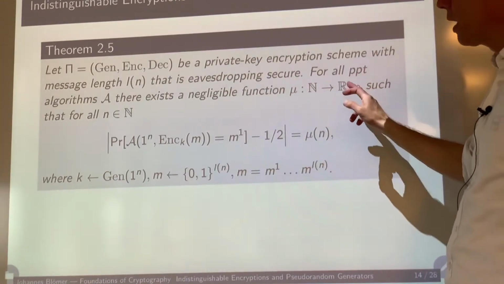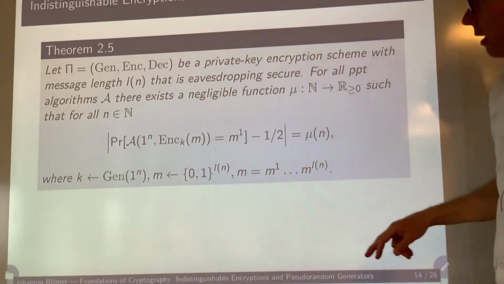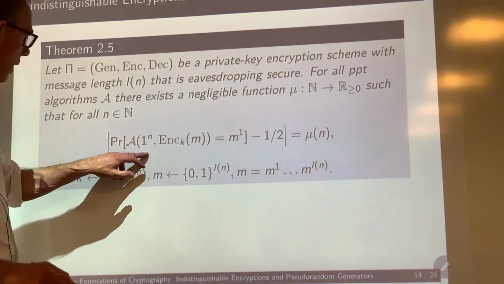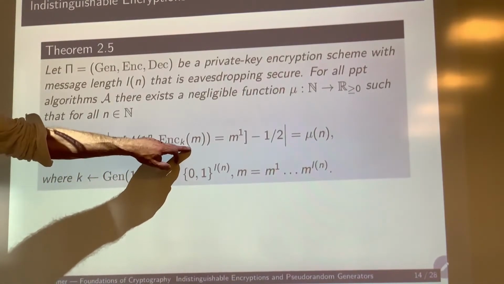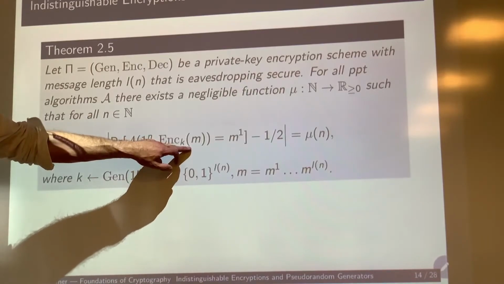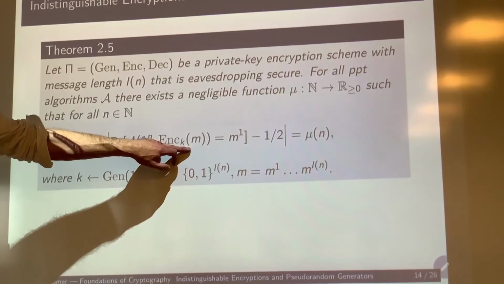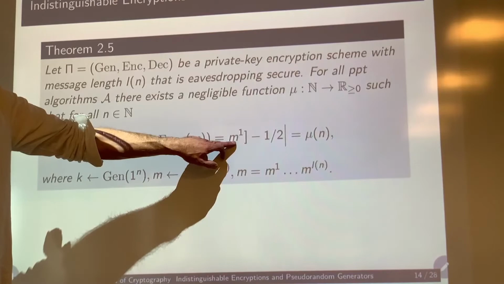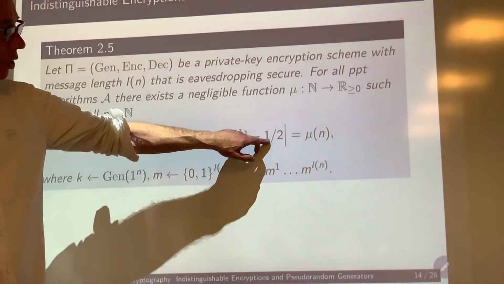Then for all PPT algorithms A, there is a negligible function mu such that if I give you the encryption of a random message, the probability that you predict the first bit of the message correctly is not much more than 1/2.